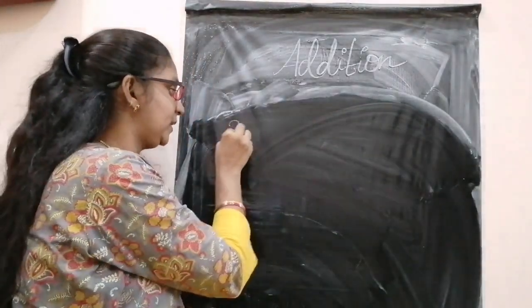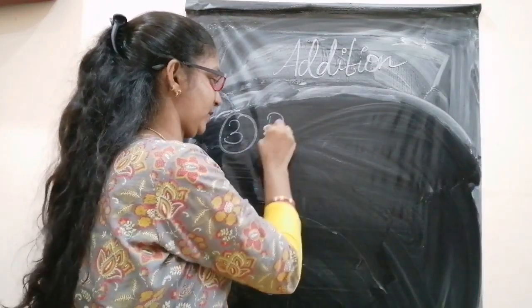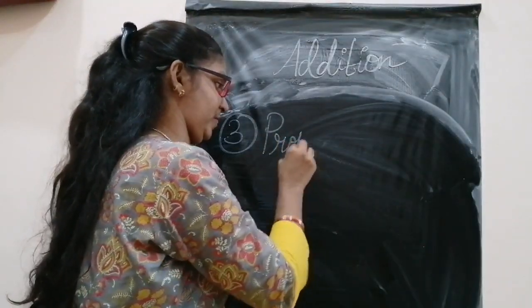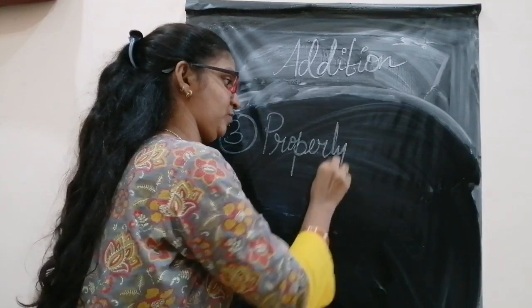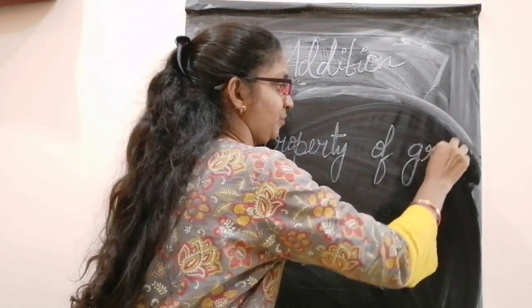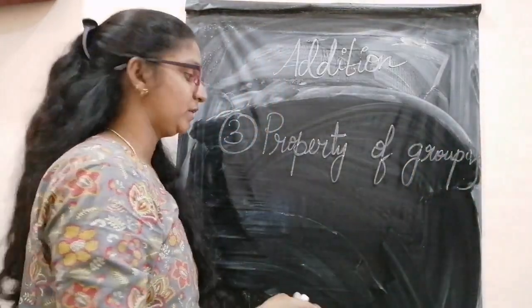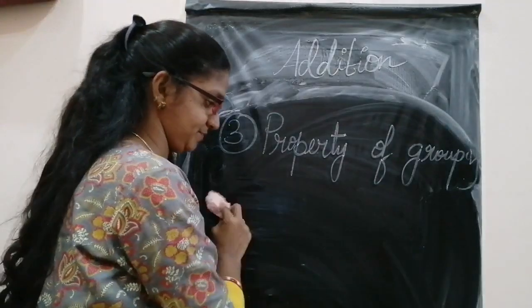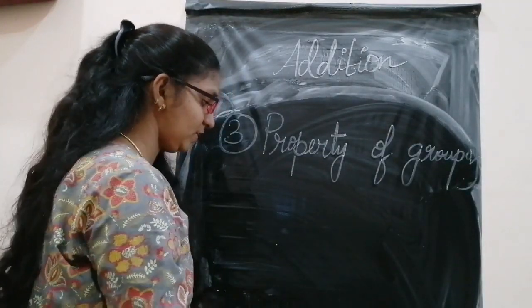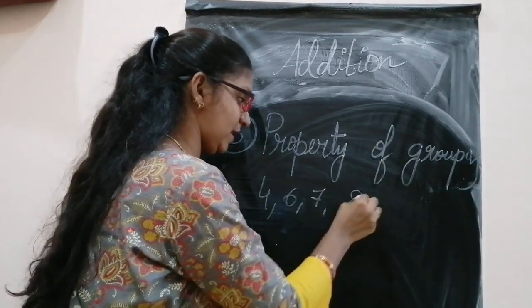The last property. Property of grouping. What does the property of grouping mean? I will take some set of numbers, 4, 6, 7, 8.